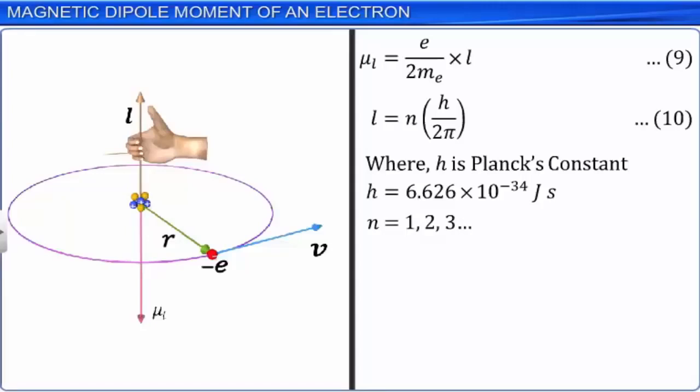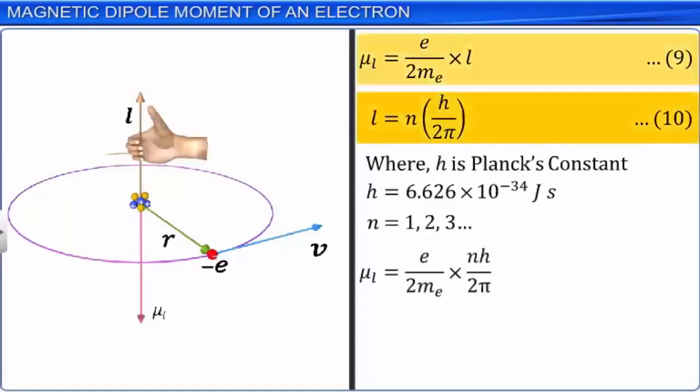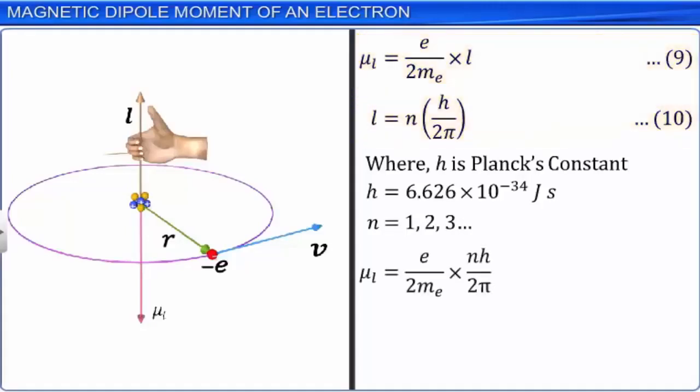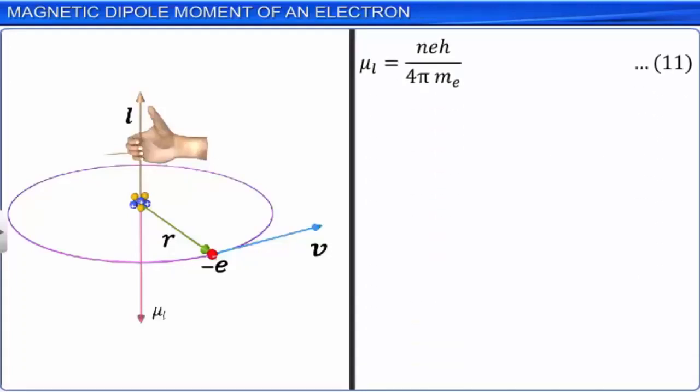Substituting equation 10 in equation 9 and simplifying, we get the magnetic moment mu L is equal to n e h by 4 pi me. Let this be equation 11. For an electron, the magnetic moment is minimum for n equal to 1.